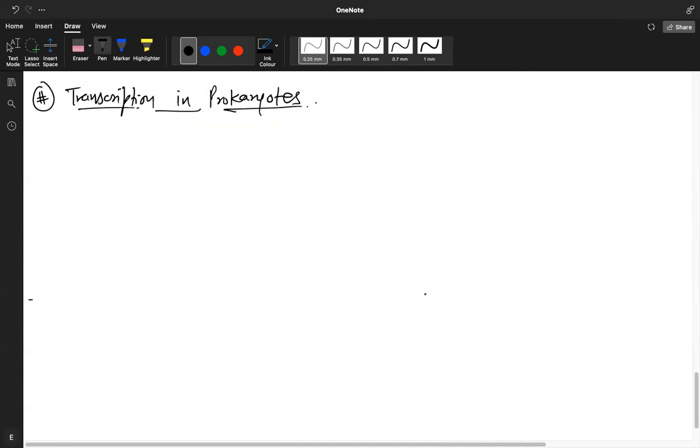Transcription in prokaryotes is simple, because prokaryotes cannot afford a lot of diverse molecules in the cell. They are single unicellular organisms. All prokaryotes are unicellular, right? They also don't have a nuclear membrane, and you know all the characteristics of prokaryotes.